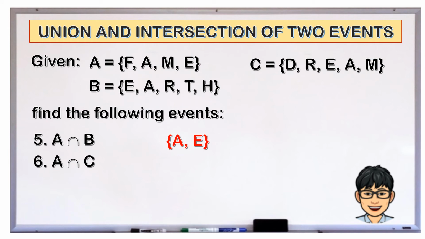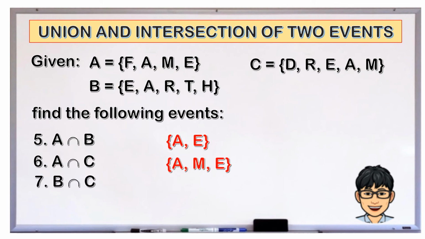Number 6, A intersection C. So, let us find the common element of event A and event C. So, dito makikita natin na ang kanilang common elements ay A, M, and E. So, therefore, A intersection C equals A, M, E.